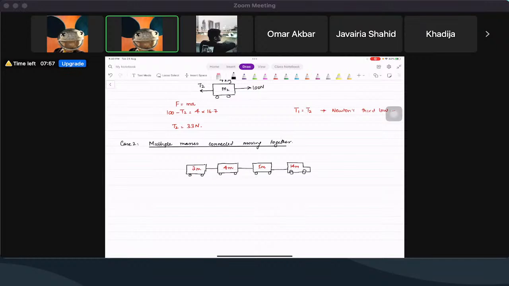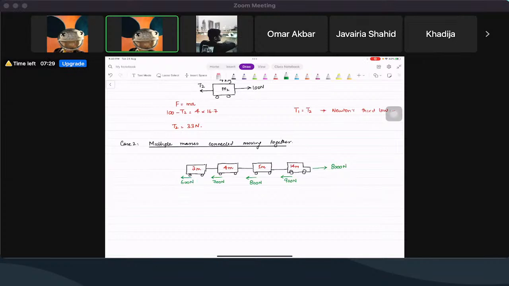Now they have given you that the engine force is 8,000 newtons. The friction on the engine is 900 newtons. The friction on this is 800 newtons, on this 700 newtons, and on this 600 newtons.